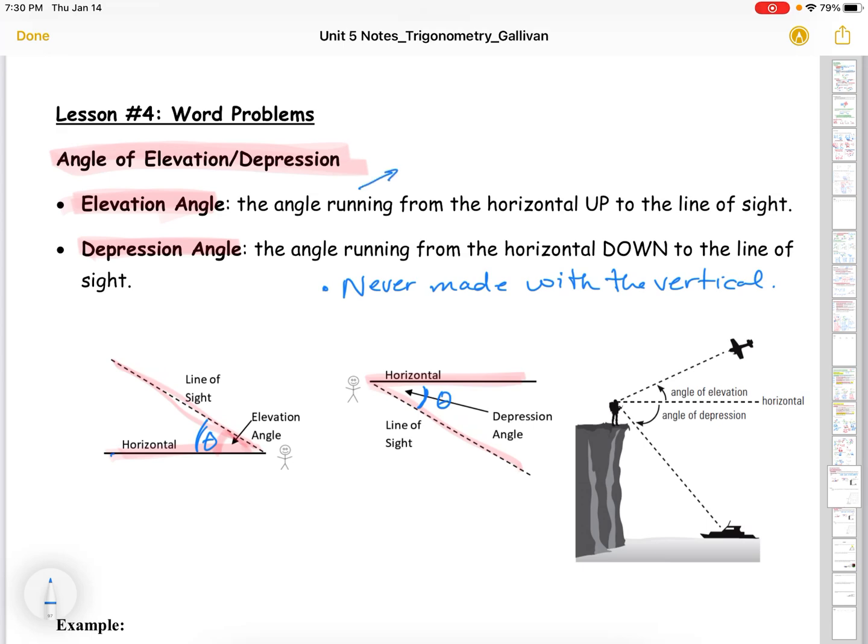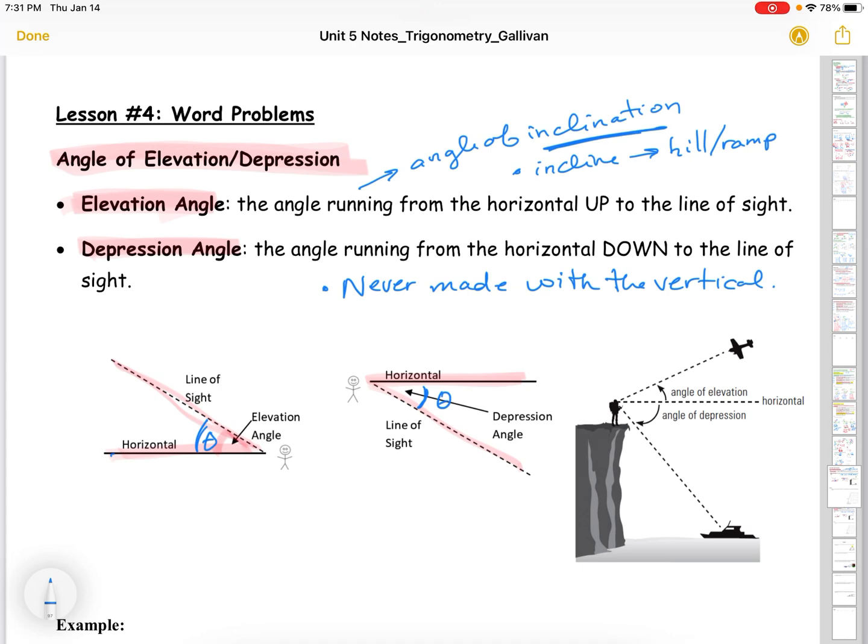Sometimes also an angle of elevation might be called an angle of inclination. So if you think of an incline, is a hill, right? Or a ramp. So it may not be a line of sight, but it may actually be a ramp or a hill, a slope of some kind. So be aware that that word might also show up, okay?